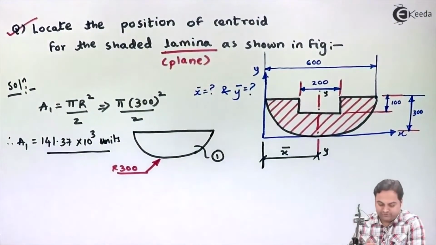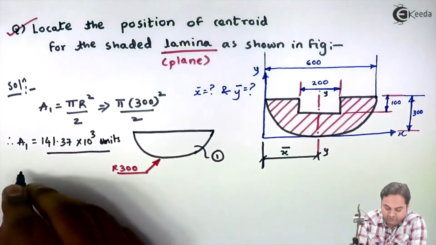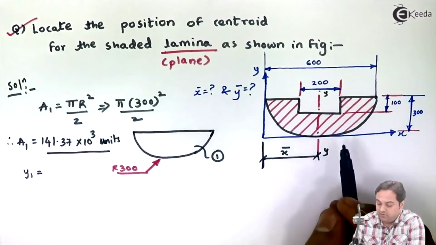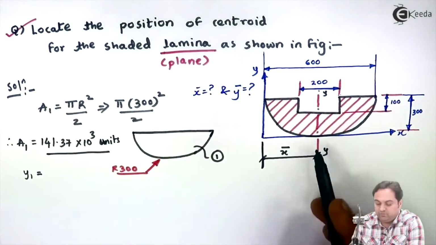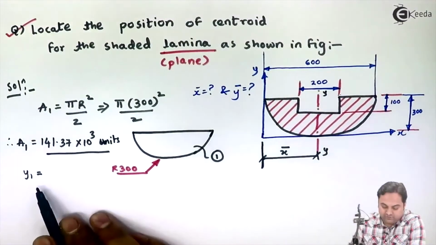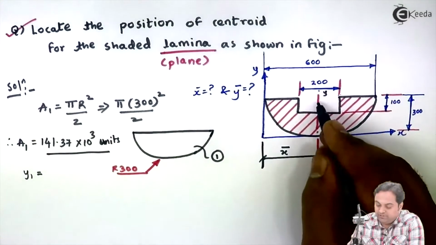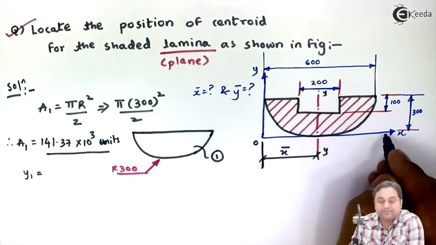So after getting a1, I will directly go on to y1, not x1, because this figure is symmetric about y axis and its location is x bar. We can easily find it out, so no need to calculate x1 and x2 here, but we will calculate y1. Now what is y1? Y1 is the location of centroid from the axis which is given here. Here it is x-axis.